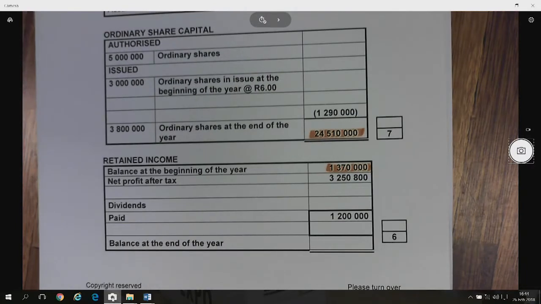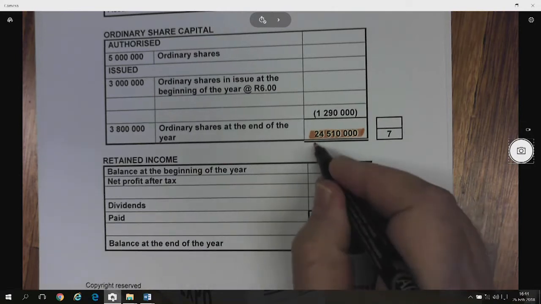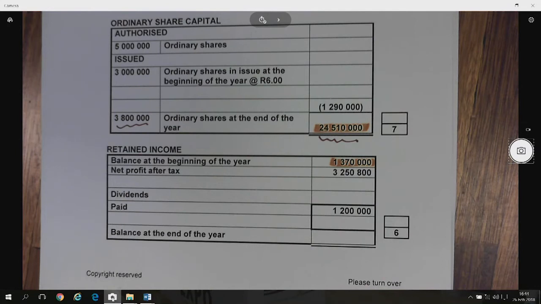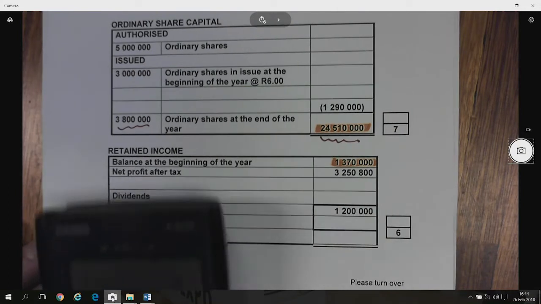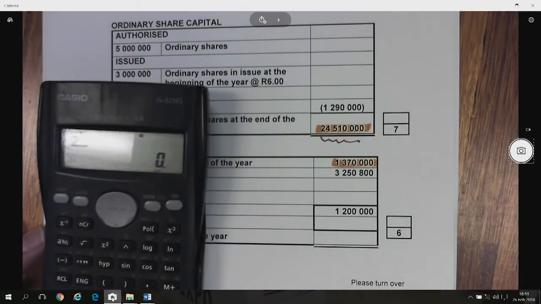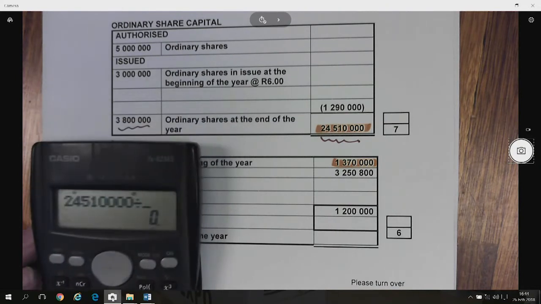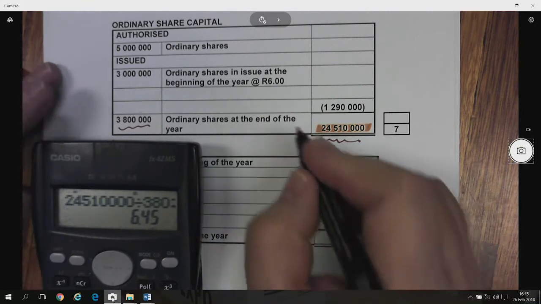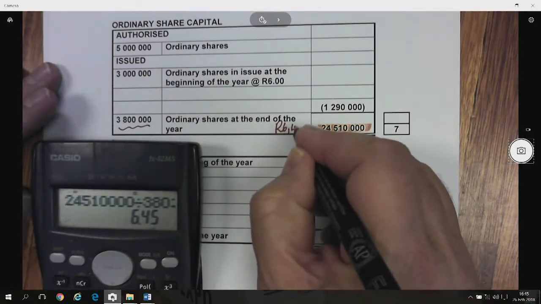The first thing that you do is you calculate the average price by taking the amount divided by the number of shares issued. Remember, in the previous activity, I showed you that if your last action was buy back shares, then your end balances will also give you the average price. So we say 24,510,000 divided by 3,800,000 shares, and that gives us R6.45.